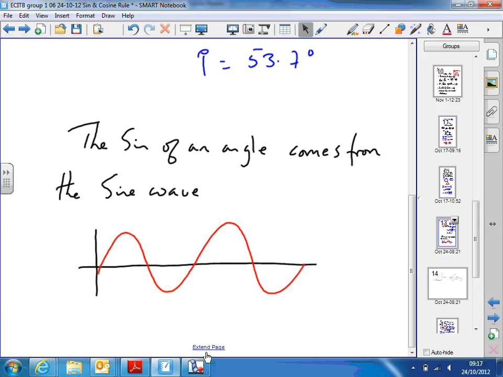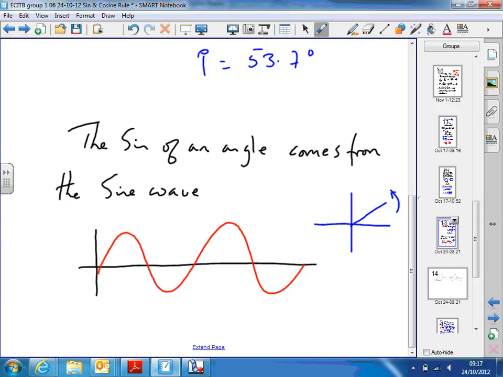Now if we consider where the sine wave comes from, if we consider something rotating, so if I have something over here and draw this rotating vector, it's a bit like we were talking about last week when we had a force at a particular angle, and I think I mentioned a rotating vector where we measure the displacement at a given time.